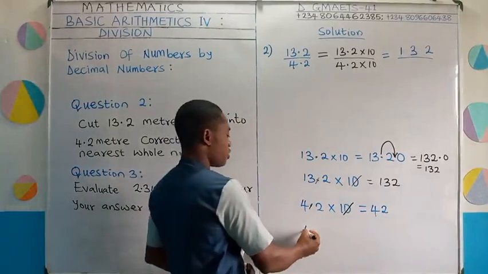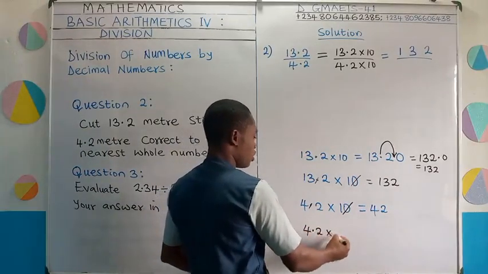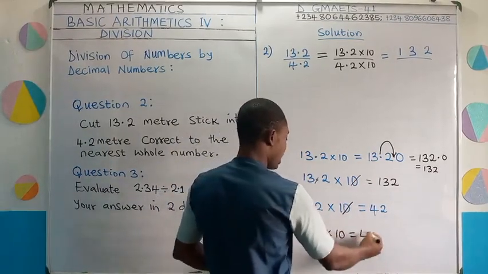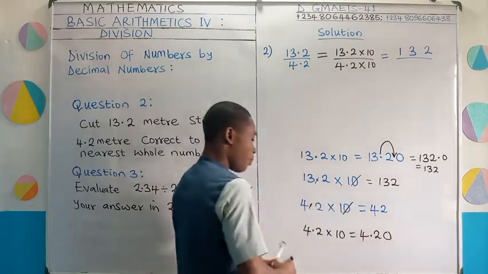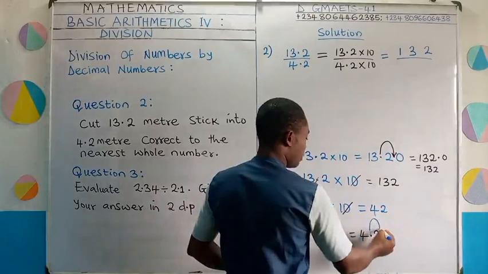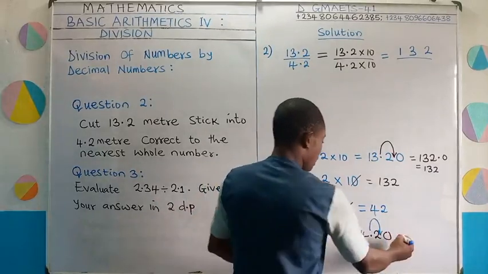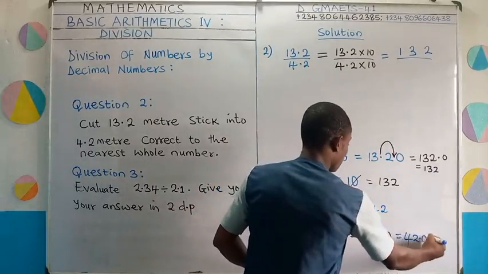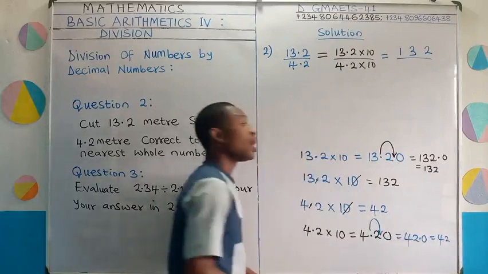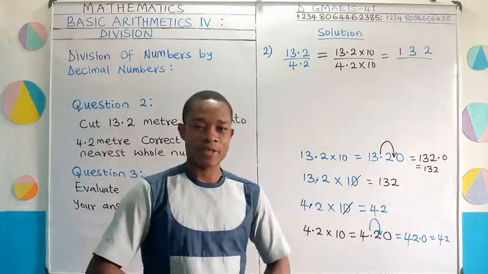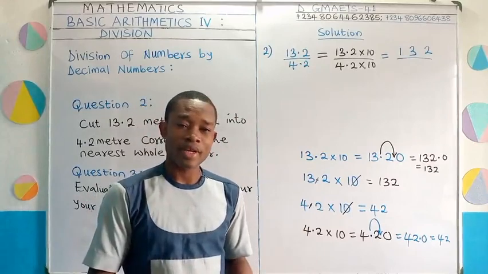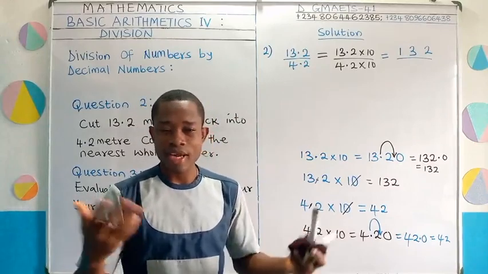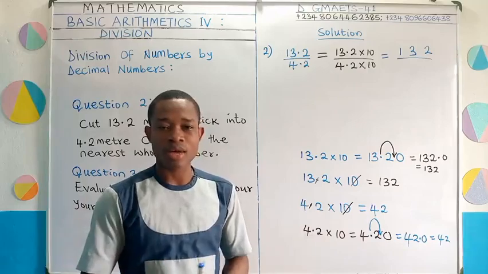By the point movement method, you have 4.2. If you multiply by 10, you rewrite it as 4.2, then attach the 0. Move your point how many times? One time to the right. And so this will give us 42.0, which is the same as 42. I think I've done justice to this, so take note. You can use any of the methods to quickly get your answer when you are multiplying a decimal number by something like 10, 100, 1000.